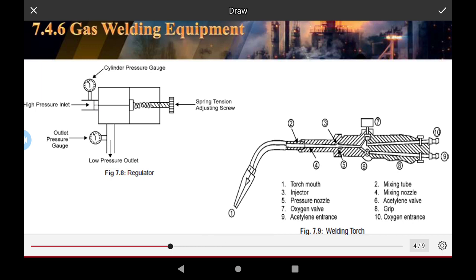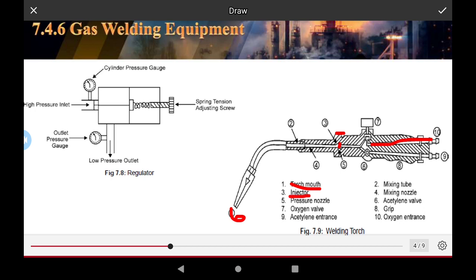This is the torch equipment, showing the portions of the torch. First of all, the point is the torch mouth of the injector, and third is the portion of the injector and pressure nozzle.